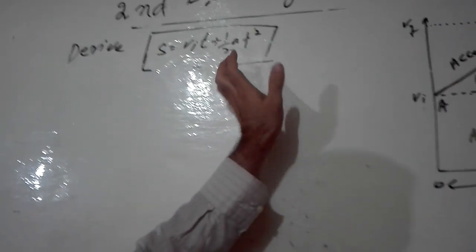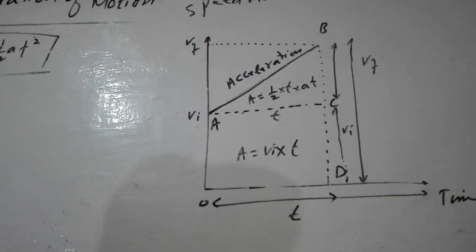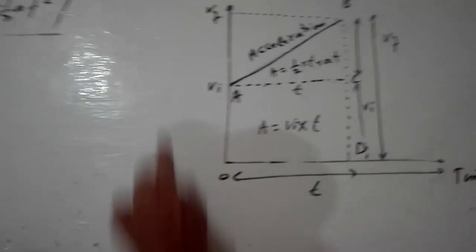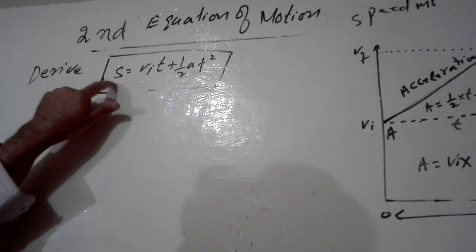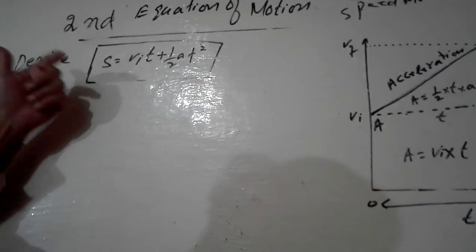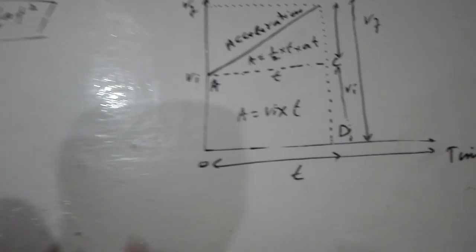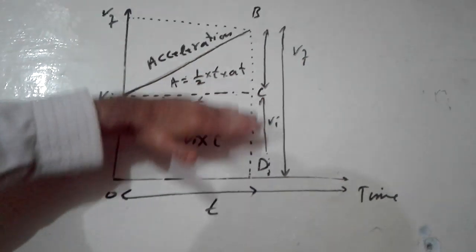So notice down, you have to plot the same graph which you have drawn in your previous first equation of motion. Look at the same graph, but only here comes the distance. In this equation, s is the distance. So how to find the distance from this graph? You have to find the area under the graph.